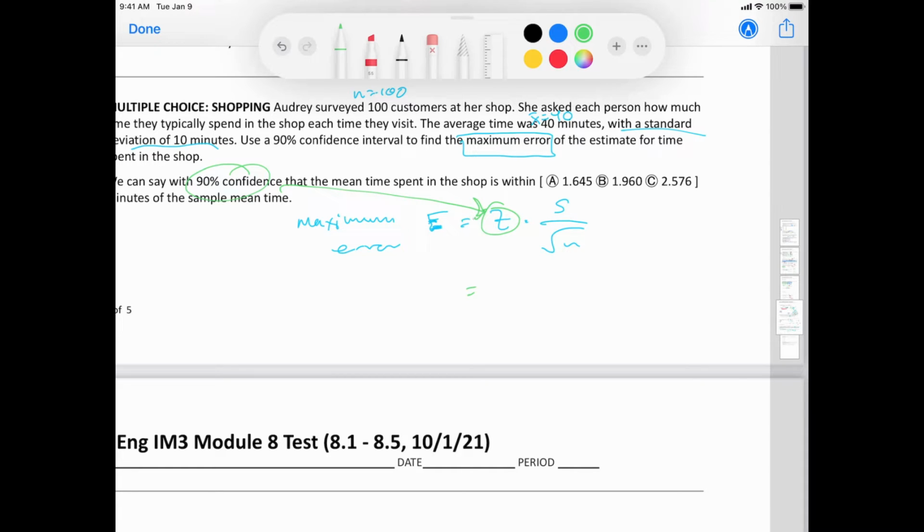And we just had a chart, and z equals 1.645. You could look up the table, but I kind of gave you just those 3 big values.